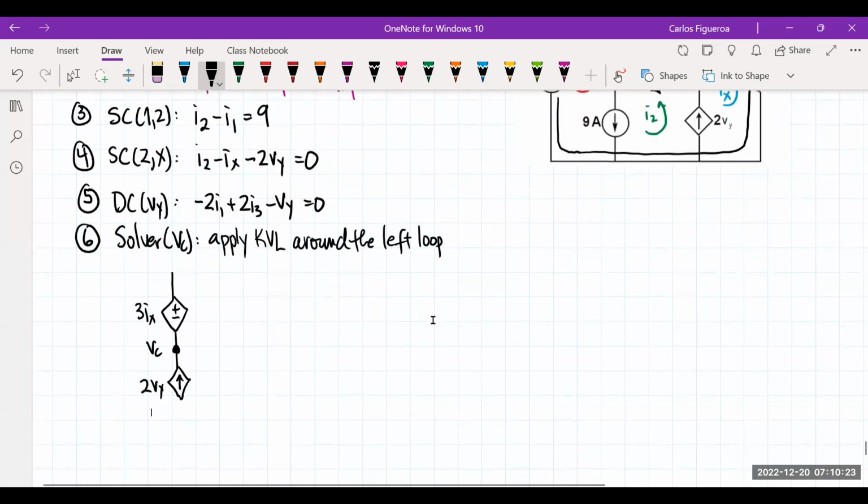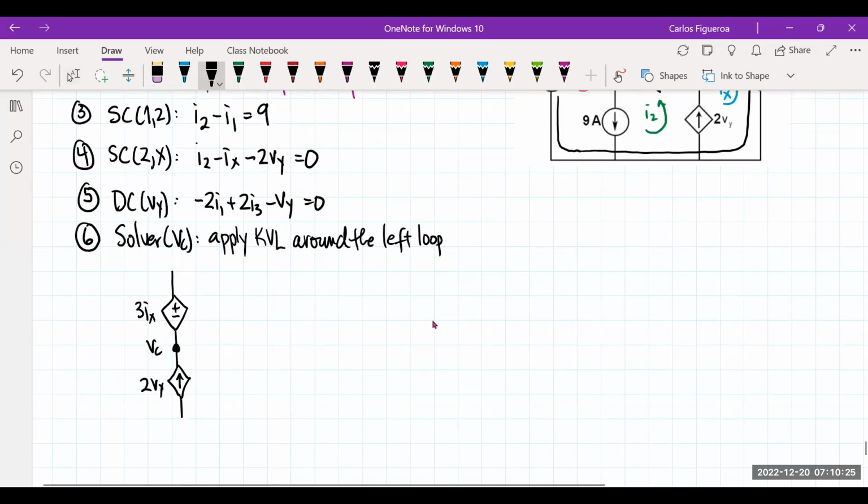So I'm going to pick this guy right here to be my ground. By doing that, this is what I see. You could see that VC is really the voltage of this 2Vy source here. I should have done this before, but I didn't. So this is the polarity here.